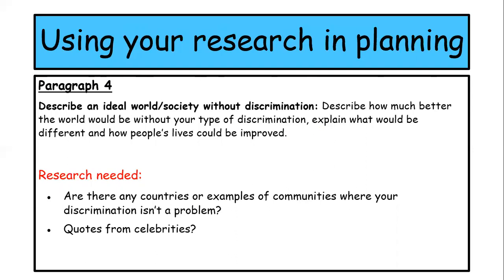Why? Can you do some research into how celebrities feel about this and maybe look at their speeches on YouTube about how they feel about your particular topic and magpie some ideas from them about a world or a society without this form of discrimination.